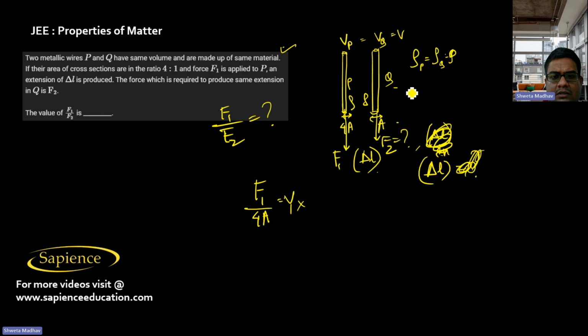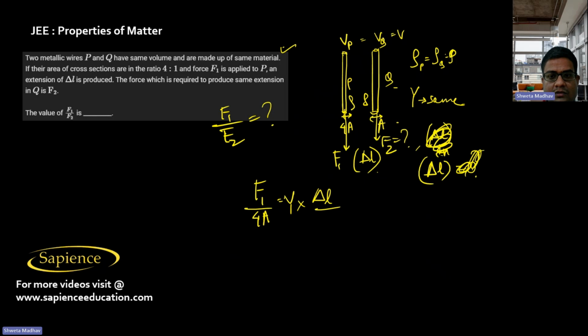Since their material is same, the Young's modulus will be also same for both P and Q. So this stress that is equal to Young's modulus into strain, that is delta L by L. Now their material is same, so it means the density is also same.